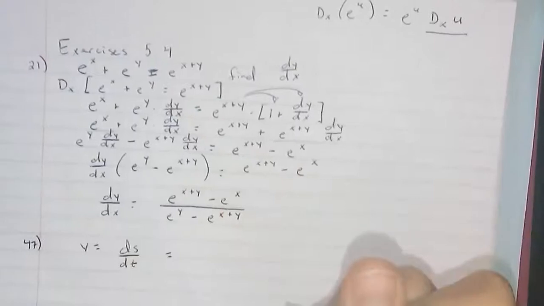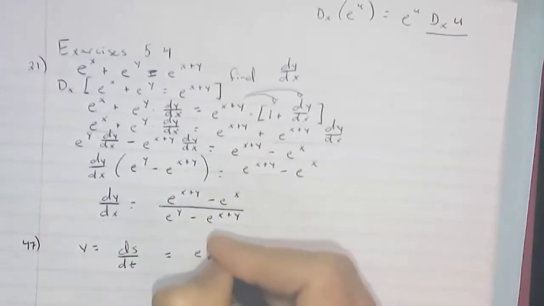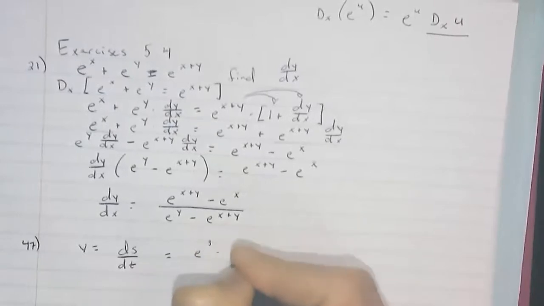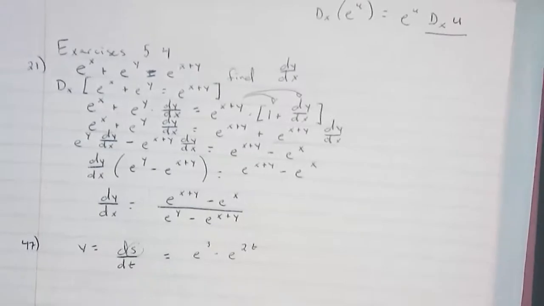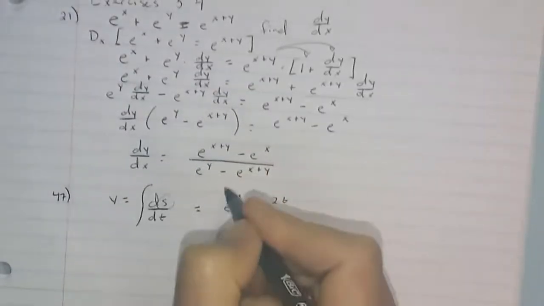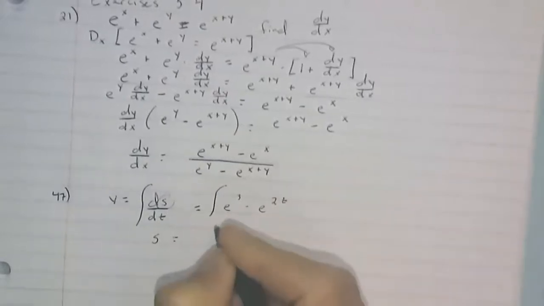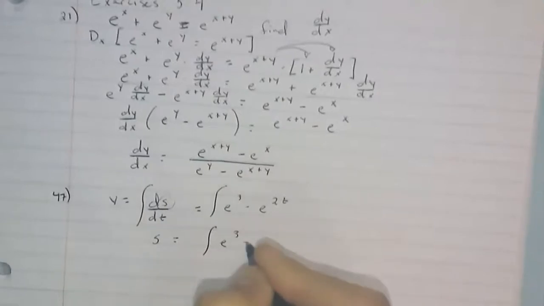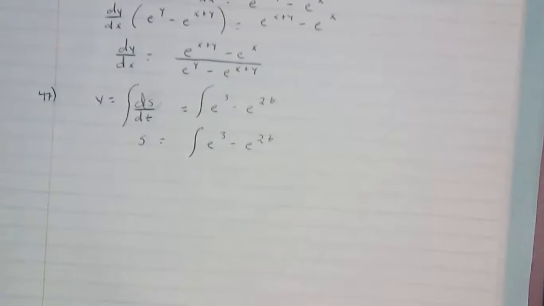And so if they give you the velocity and it's invariably something that includes the natural exponential function, s is our position. And so in order to get s, we need to integrate on both sides. And so the position will be given by this integral. And so then we'll return to that if we have time.